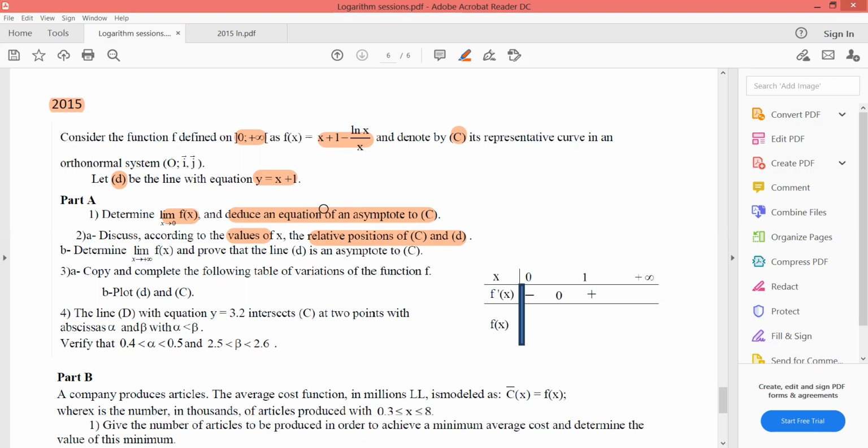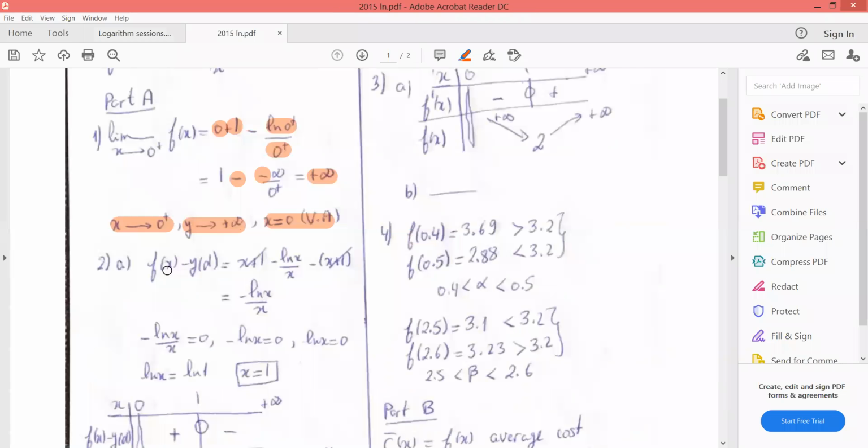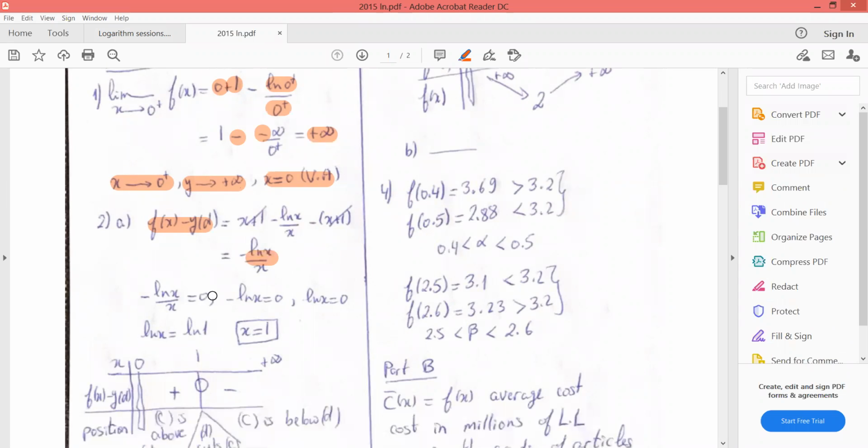So let's check. f(x) minus y_D, we get minus ln x over x. It is not always negative. So we solve minus ln x over x equals 0. It means minus ln x equals 0. Multiply by minus, we say ln x equals 0, so x equals 1.